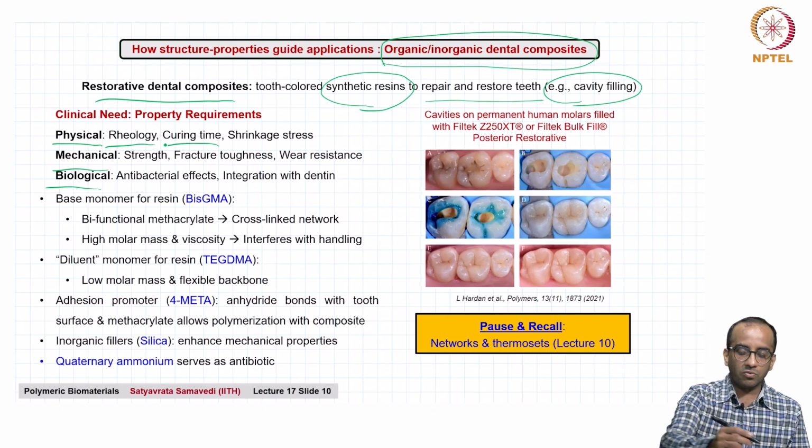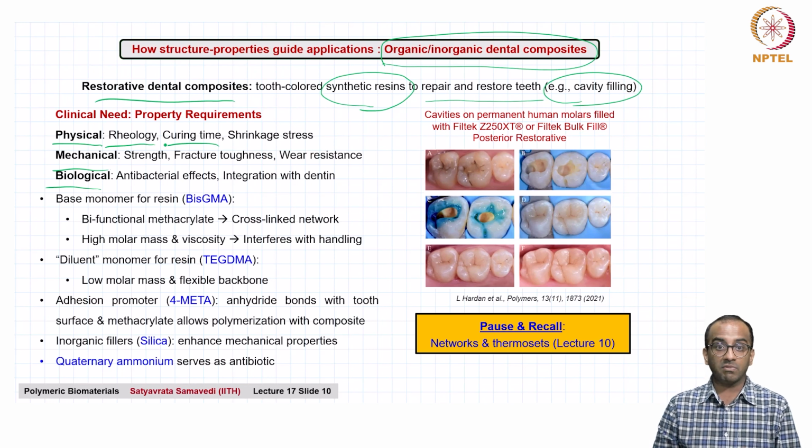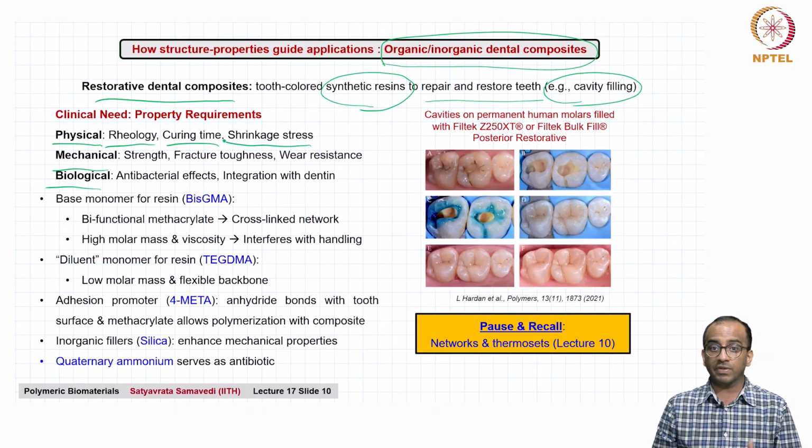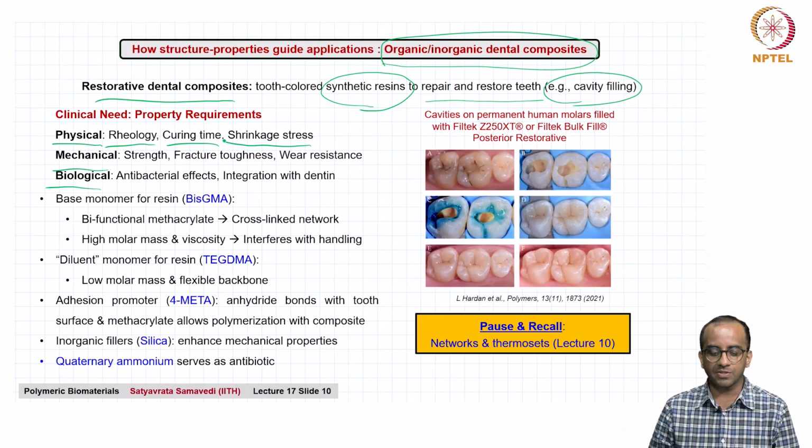It also has to cure or cross-link within a reasonable amount of time, and you can also think about the cross-linking efficiency there. And it should also not have significant shrinkage stress. Shrinkage stress happens because when these liquid-like solutions cross-link and form a resin-like network, there is a volume contraction that happens.